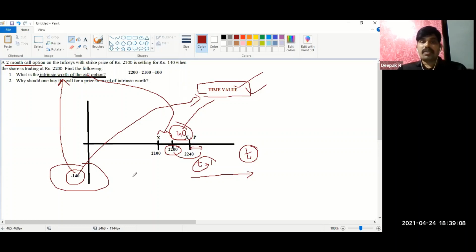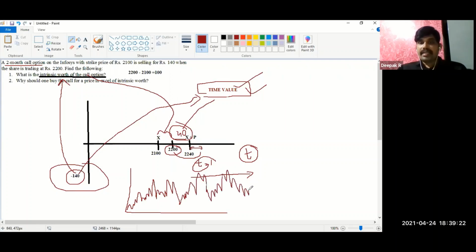Then the spot price. What is spot price? Spot price is nothing but the price of the stock. In investments, shares always move in a random way, and the variation in a share is given by standard deviation or variance. It depends upon volatility.